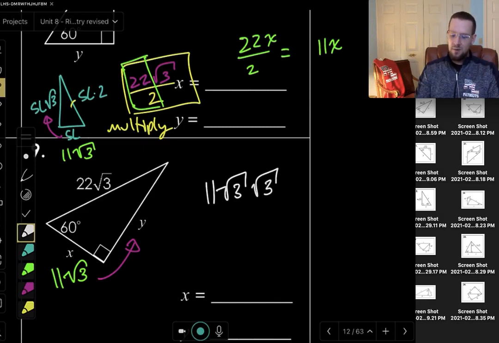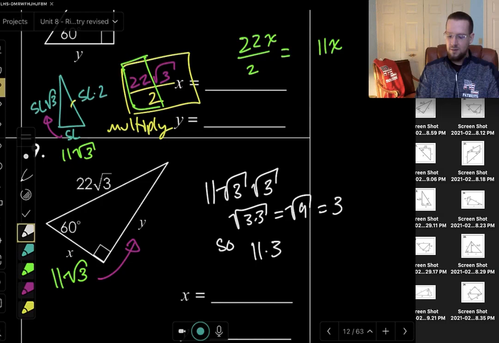But when you remember that multiplication happens under the square root sign, this is just 11 times the square root of 9, or 11 times 3, which is 33. So x here is 11 square roots 3, and this one's 33.